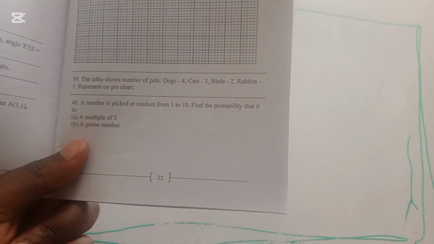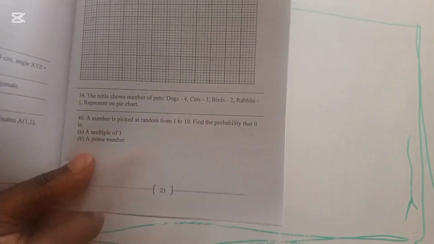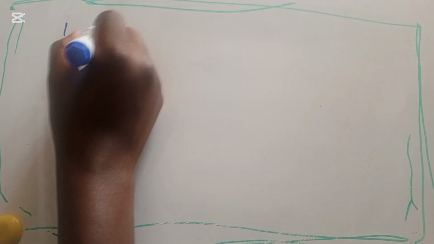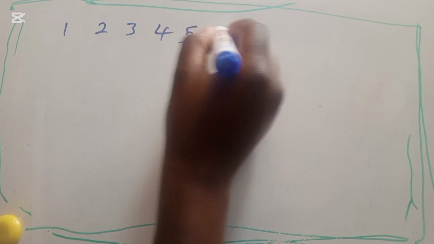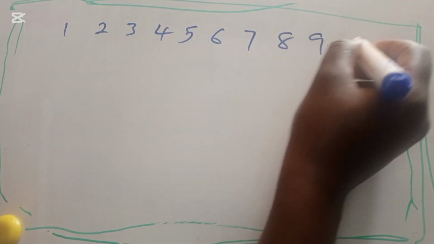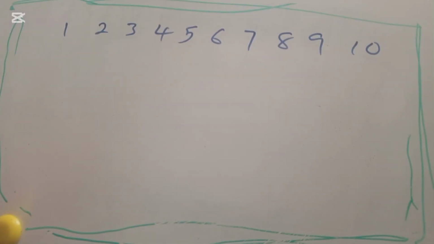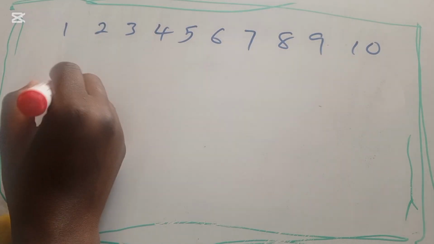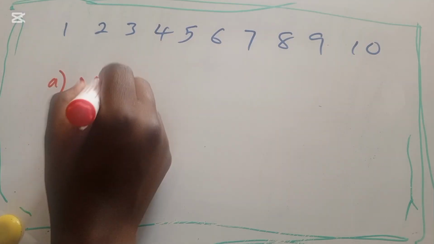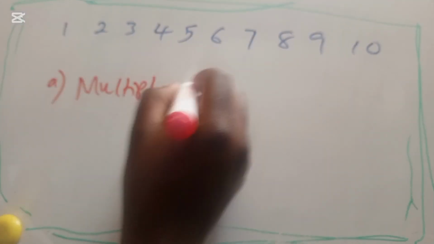So it is important first to identify the total number of possible outcomes. From 1 to 10, there are 10 numbers, and we could write them just for the sake of demonstration: 1, 2, 3, 4, 5, 6, 7, 8, 9, and 10. Now, for A you are asked for a multiple of 3.